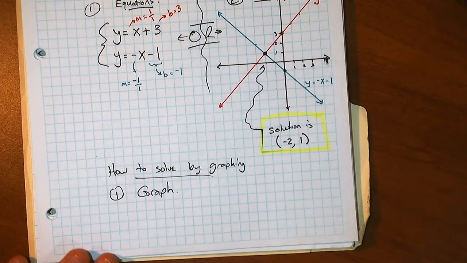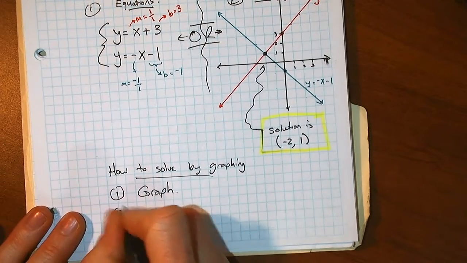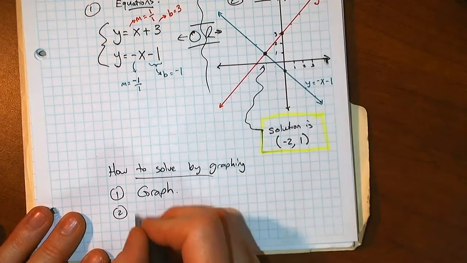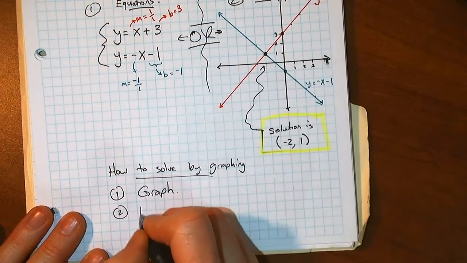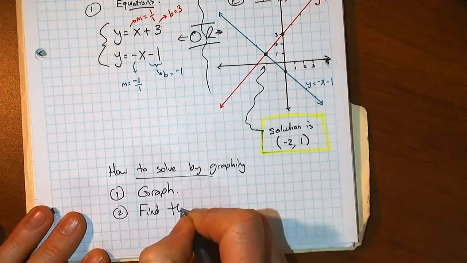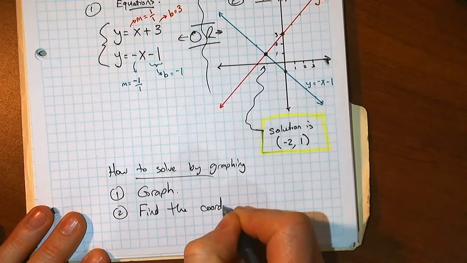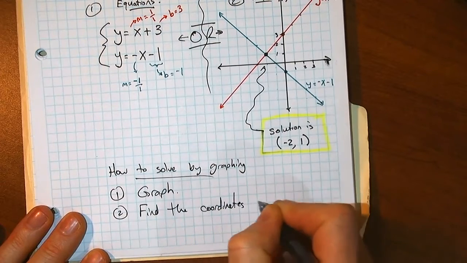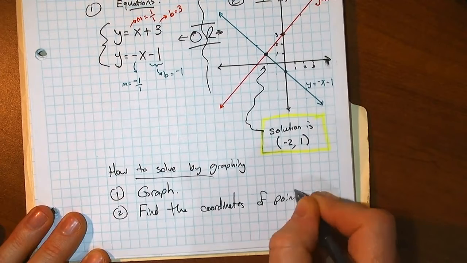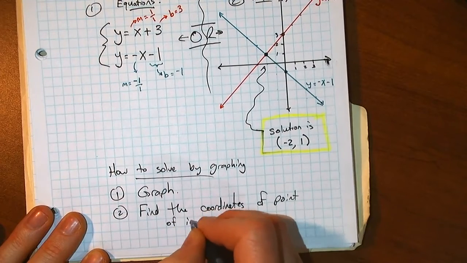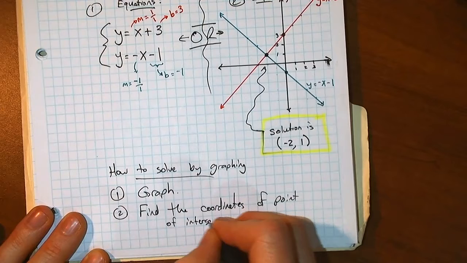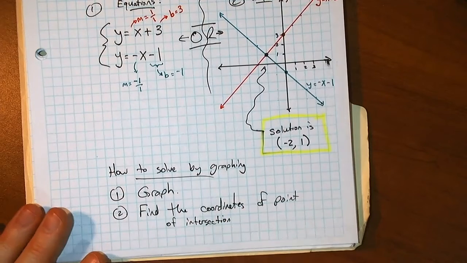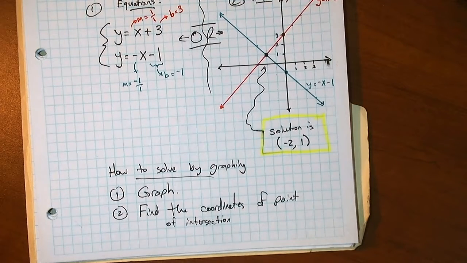Step number 2, find the coordinates of the point where they cross, the ordered pair that describes that point. I'm going to say the point of intersection, if we can borrow that word from geometry for a second. The intersection point, remember, is the point where the lines cross, the point that they have in common. That's what we're looking for.